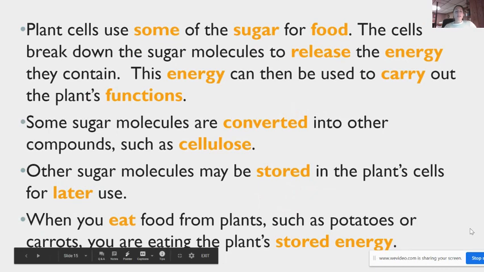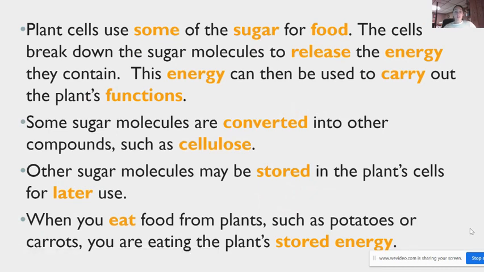Plants then use some of the sugar they have created for food. They need the energy, and that's where it comes from. They break down the sugar molecules to release the energy, and that energy can be used to carry out the plant's functions. Some of the sugar molecules are converted into other compounds, such as cellulose, and other sugar molecules can be stored in the plant cells for later use.